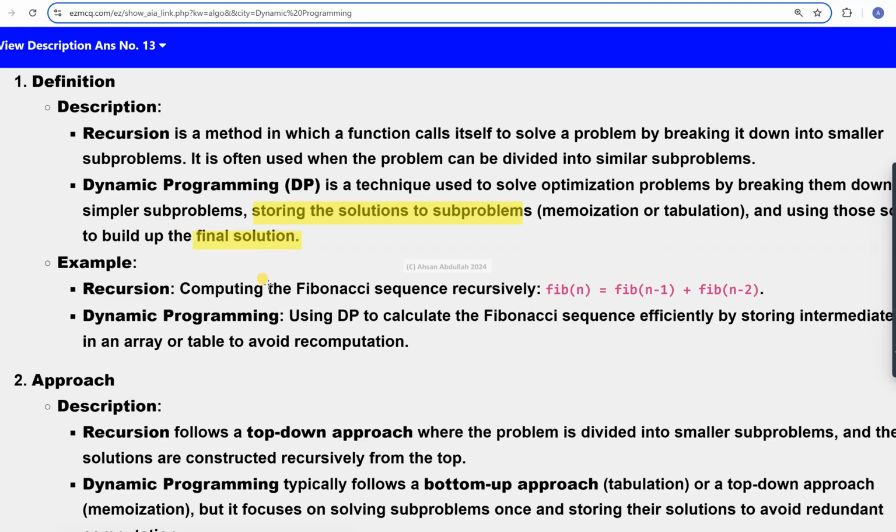Recursion computes the Fibonacci sequence recursively, like this. But in dynamic programming, the Fibonacci sequence is computed by storing the intermediate results in an array or table, which are then reused. So recursion follows a top-down approach with the problem divided into smaller subproblems, while dynamic programming can use a bottom-up or top-down approach, but it focuses on solving the subproblems once and storing those solutions to be used whenever they are required.